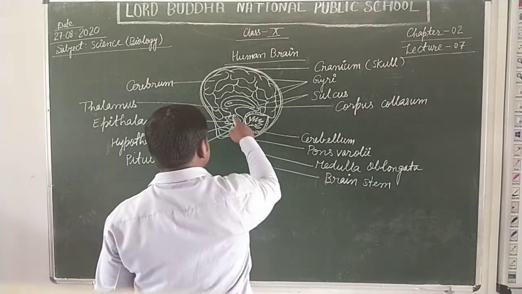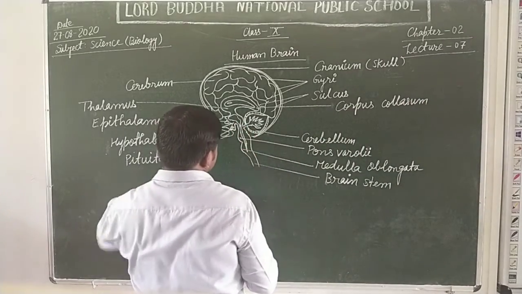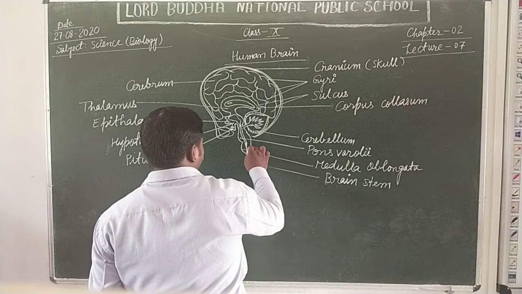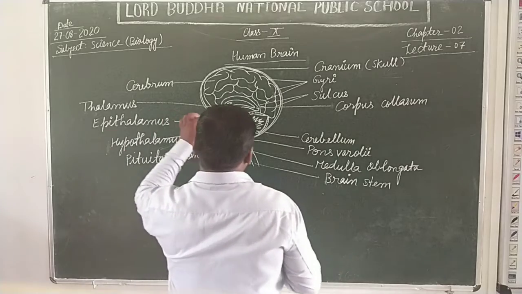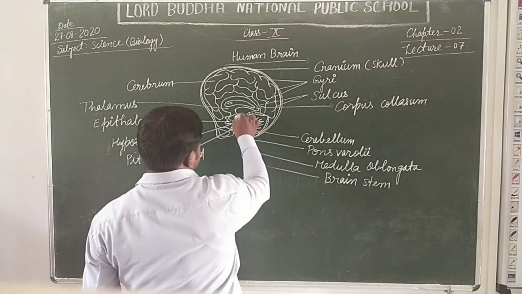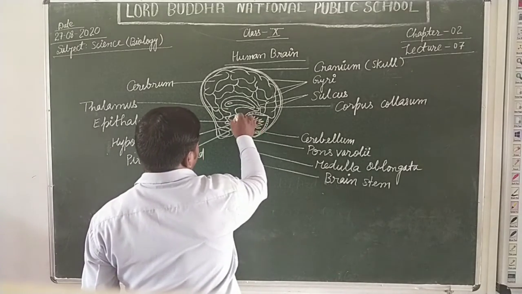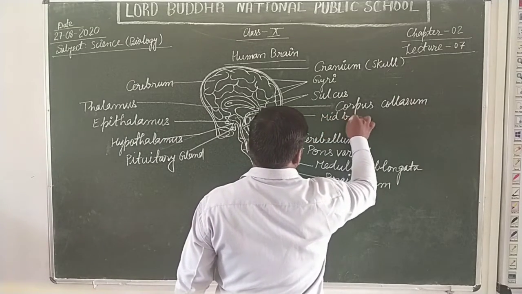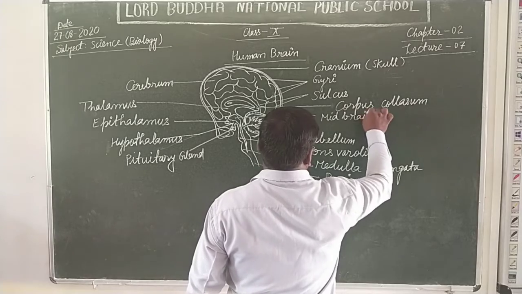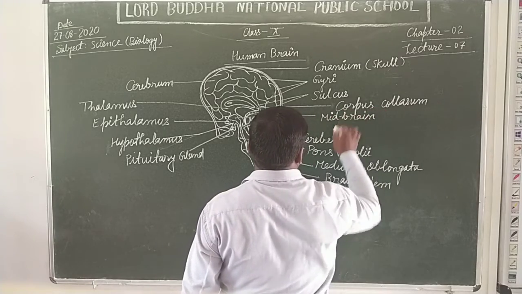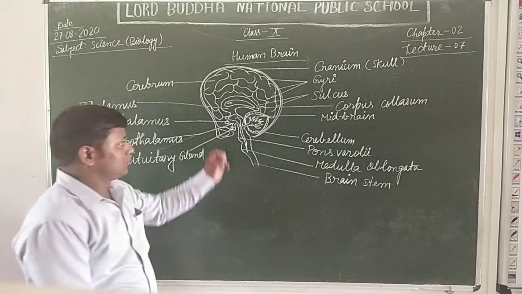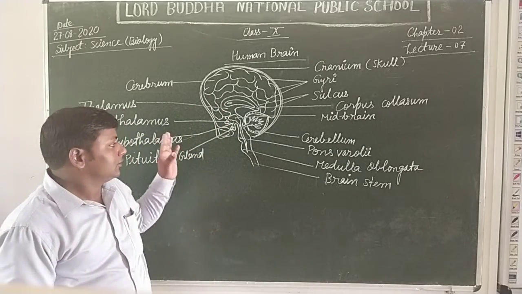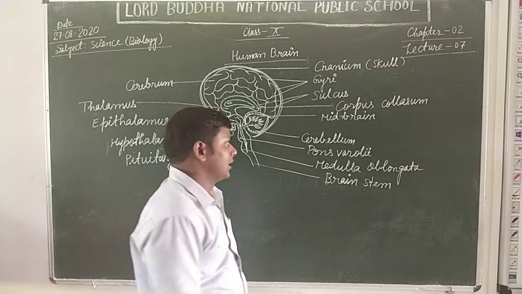Now students, this is the mid part of the brain. It is very small, and it forms only about 10 to 15% of the total volume of the brain. This is the midbrain. The midbrain has mainly two parts, and it contains four optic lobes called the corpora quadrigemina.